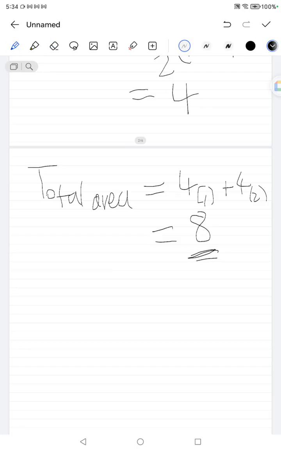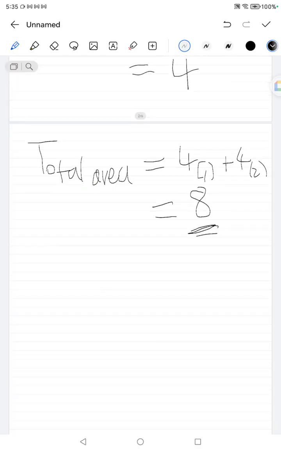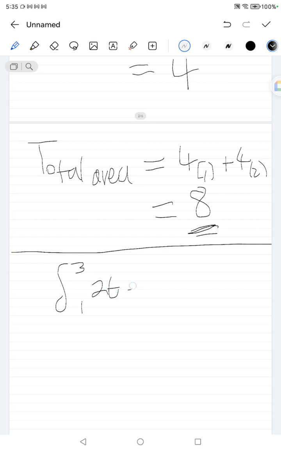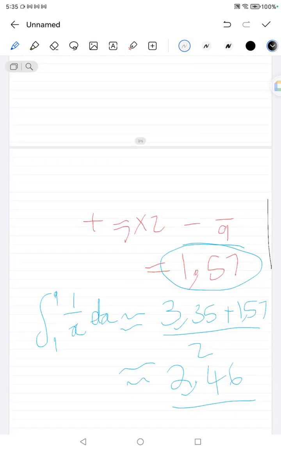Then what do we have? I forgot the thing. Okay, it was like this. First we have to write its antiderivative. It was like this. So now what we have to write is, how can I do this thing?